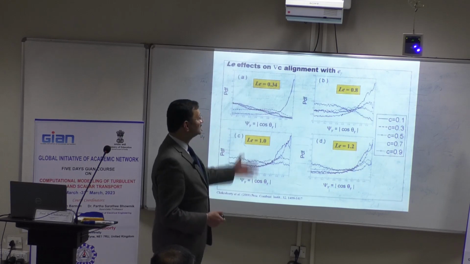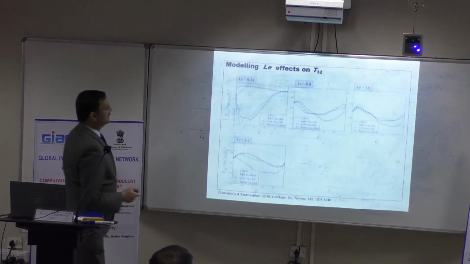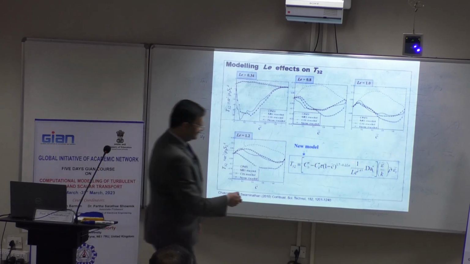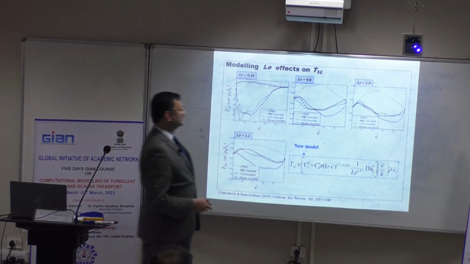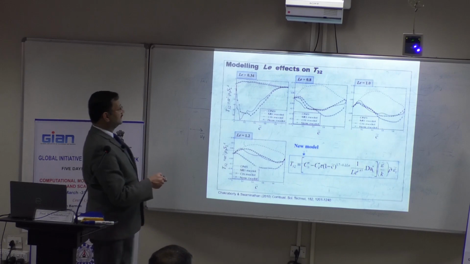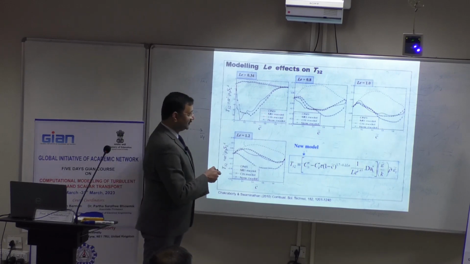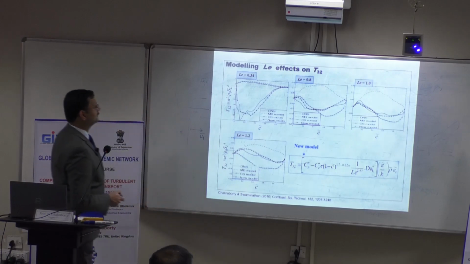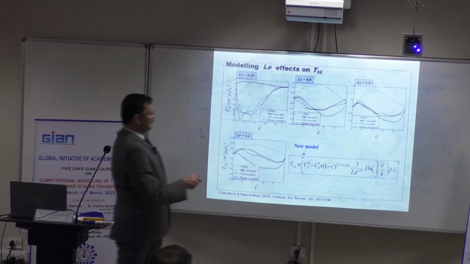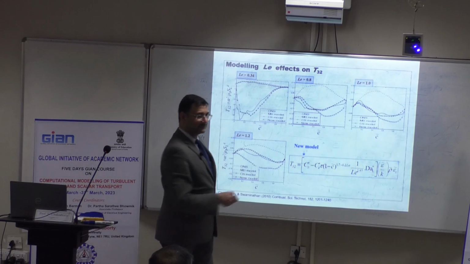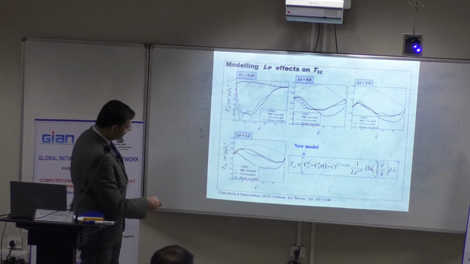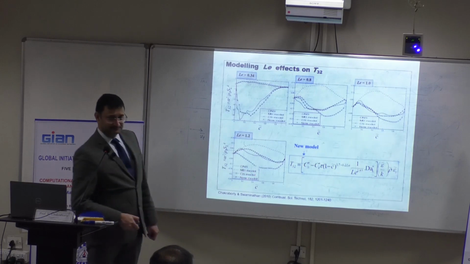And that will always be having an impact on the behavior of T32 term, where the Lewis number variation is taken into account. I already showed this model, MB model, which is Nath and Bhowmik model, which was the originally proposed model. Does not capture the behavior, it continues to predict positive value. This was our earlier model.